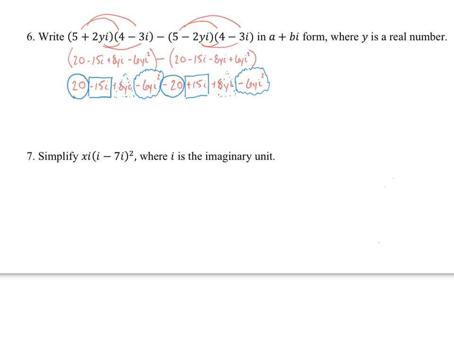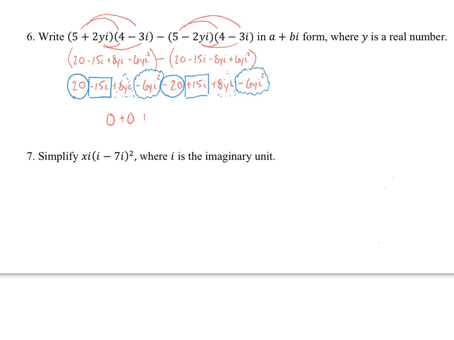Now I'm just going to start combining them. My constants, I have a 20 minus a 20, or 20 plus negative 20. Those are the same thing. So that is really just 0. I have a negative 15i and a positive 15i. That's also going to be 0. I have an 8yi and another 8yi.